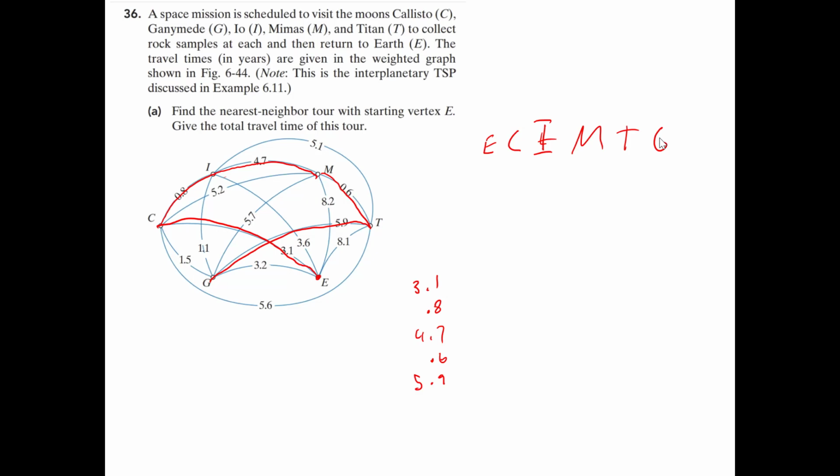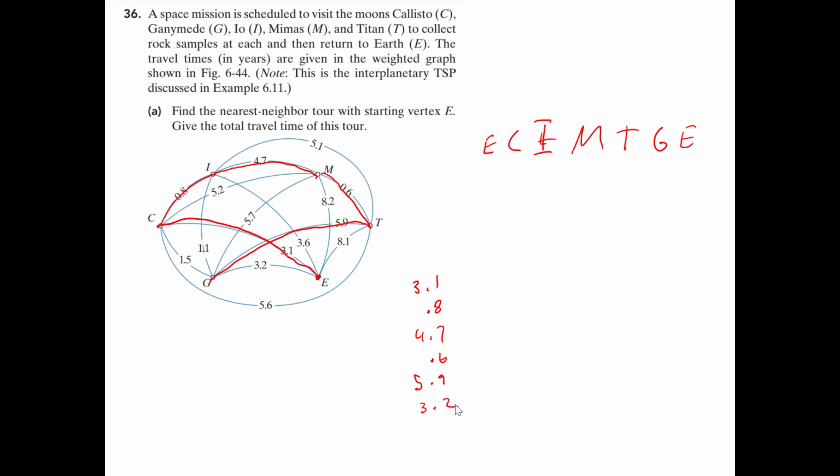We just need to go back now, right? So we visited C, I, M, T, G, and so now there is no vertex that we haven't been to. So now we go back to E, and that's 3.2.